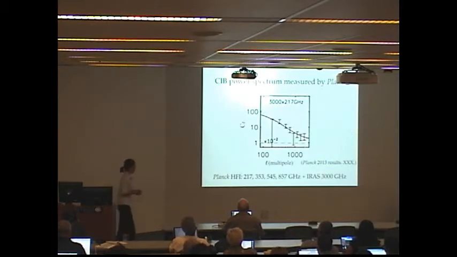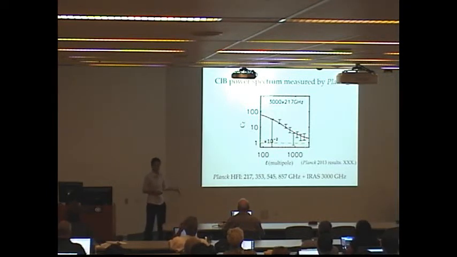So first, as I said, the CIB is basically unresolved far infrared photons, so we measure the intensity and also the power spectrum. Here is an example of the CIB angular power spectrum C_L measured by Planck. You can see that most of the signal is between L of 100 to 1000.